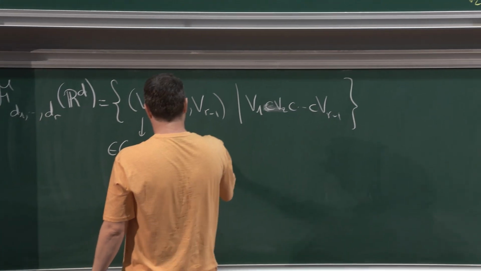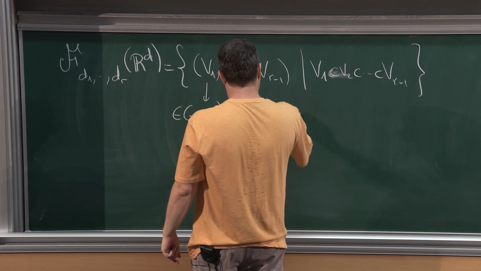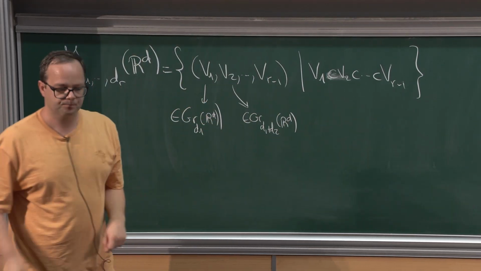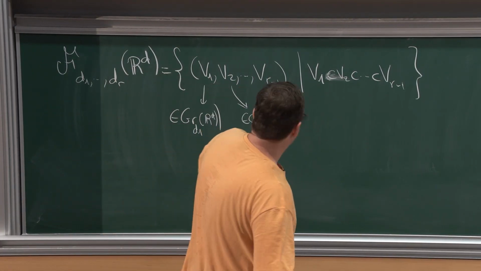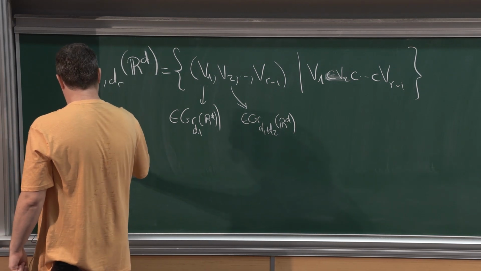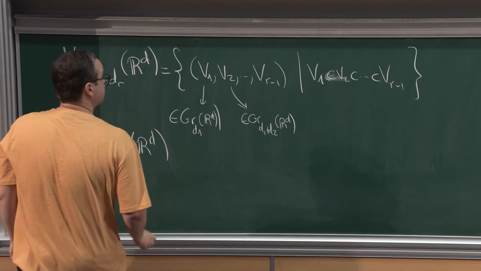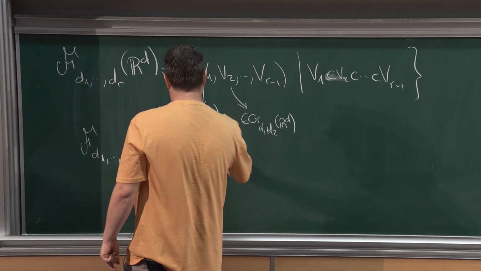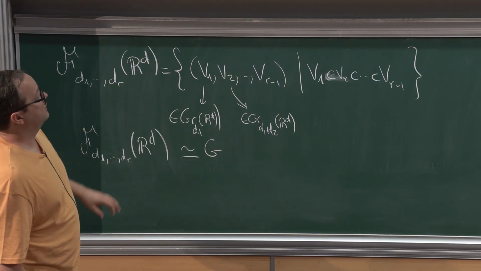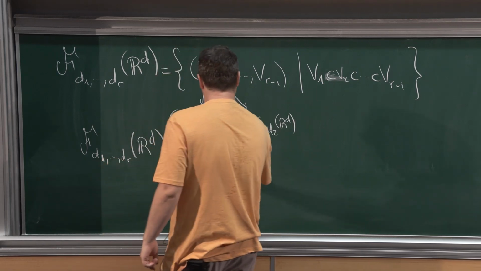So this is in the Grassmannian of dimension d_1 plus d_2, and so on. So if you look at this flag manifold, you take the flag corresponding to this block decomposition, its stabilizer will be exactly this P_x.